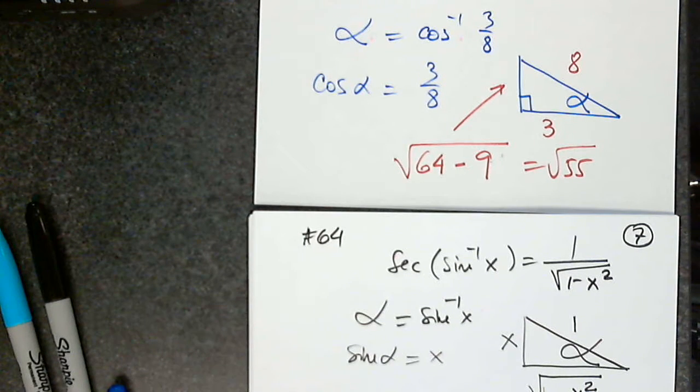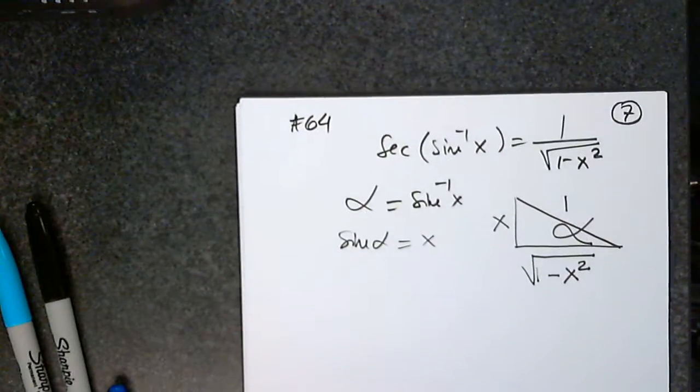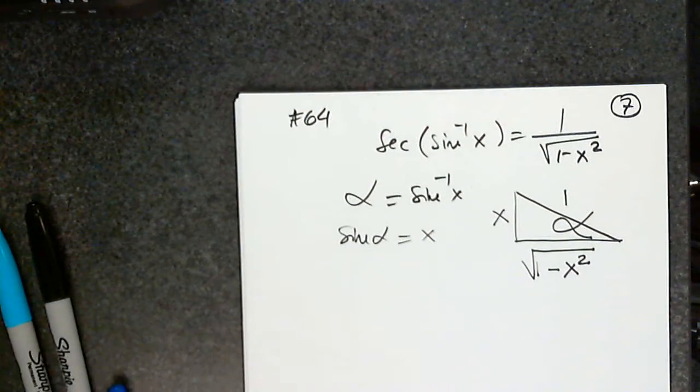Now I would like you to choose a problem in which we apply law of sines or law of cosines. So 67 through 76. Any problem you want. Which one? 74.